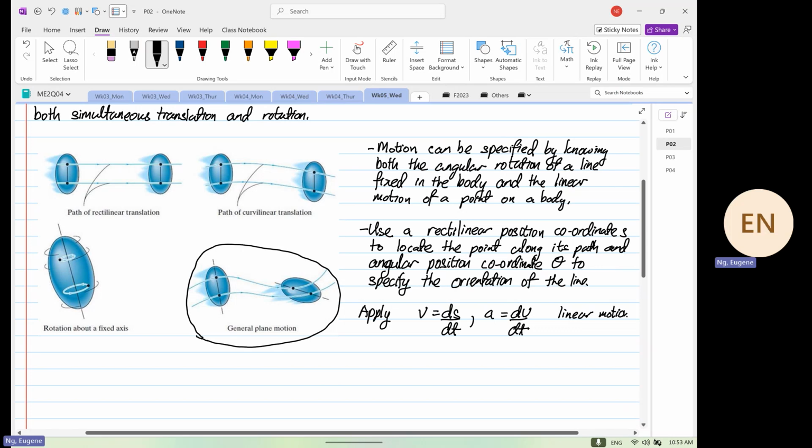And we are going to apply that omega is equal to d theta over dt, and alpha is equal to d omega over dt. So this is for the angular motion.